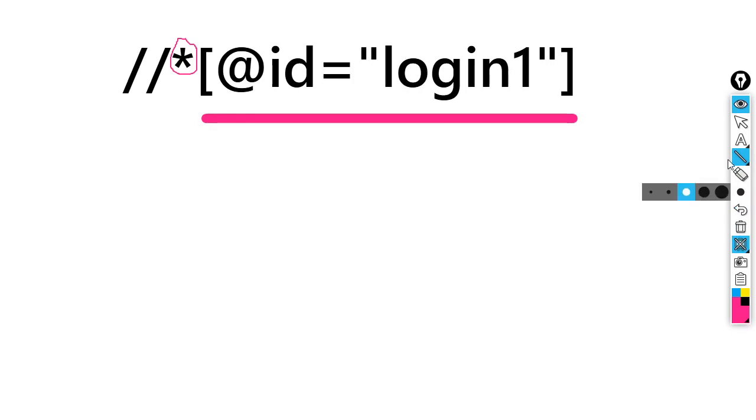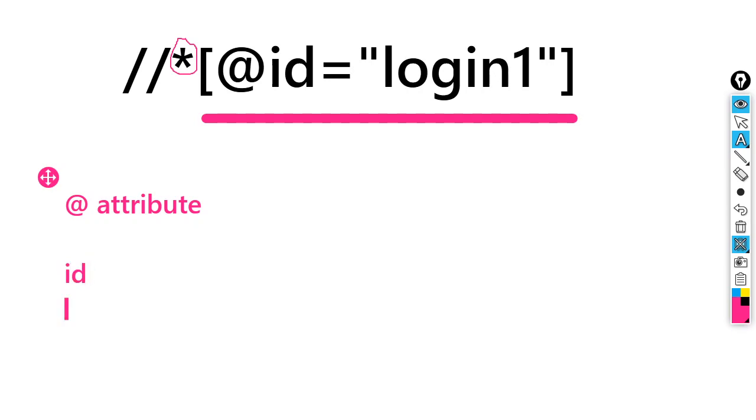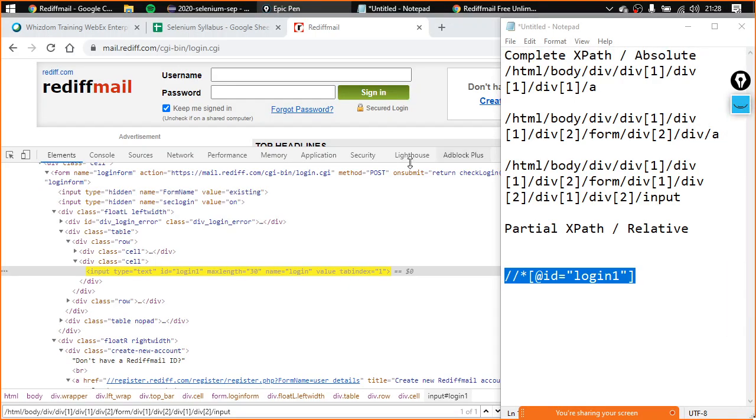Whenever we specify at the rate, at the rate means attribute. So just after at the rate, whatever we specify, if we specify ID, this means the attribute ID. We can specify class, we can specify name, we can specify anything here. Now to specify its value, it is specified like this, equals login1, which is the ID of this element. So here the ID is login1.